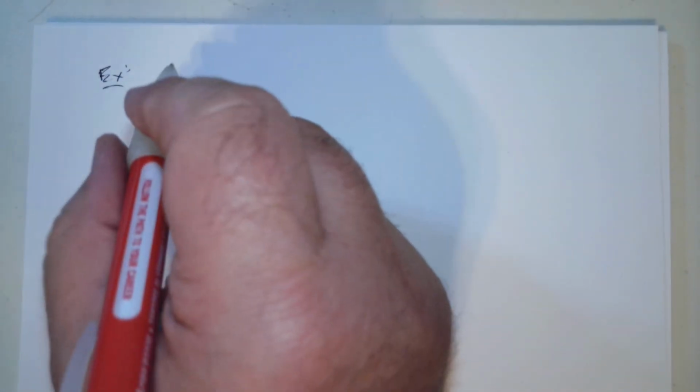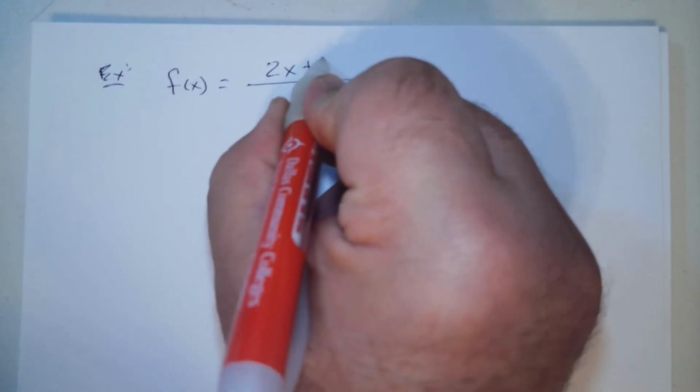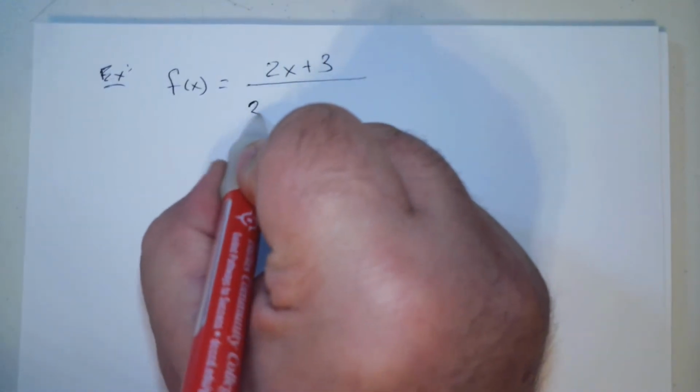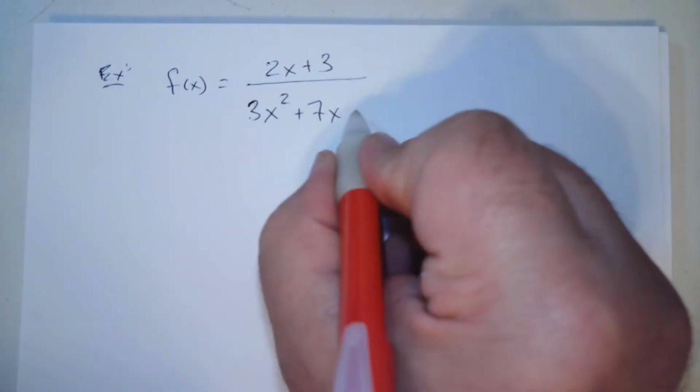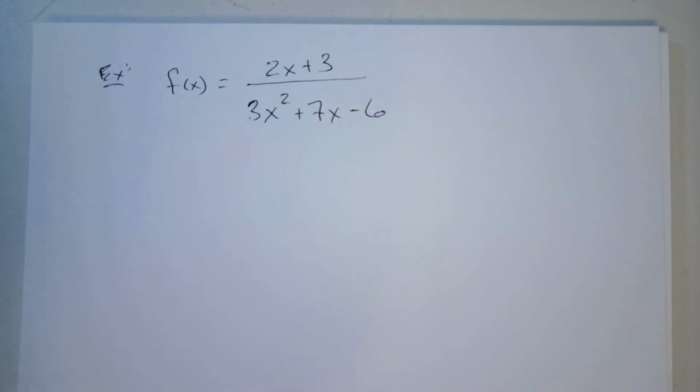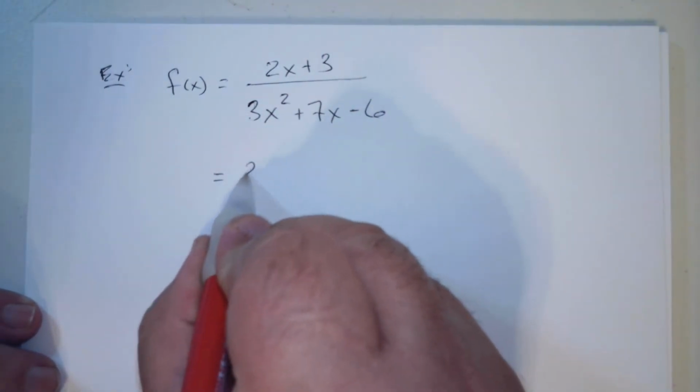So, here's our first one: 2x plus 3 over 3x squared plus 7x minus 6. So remember our first step: factor both top and bottom. The top is already factored.